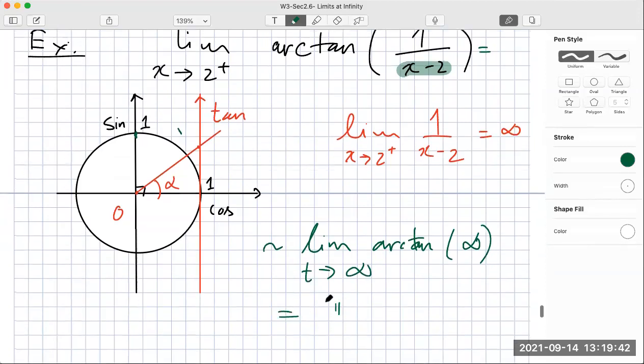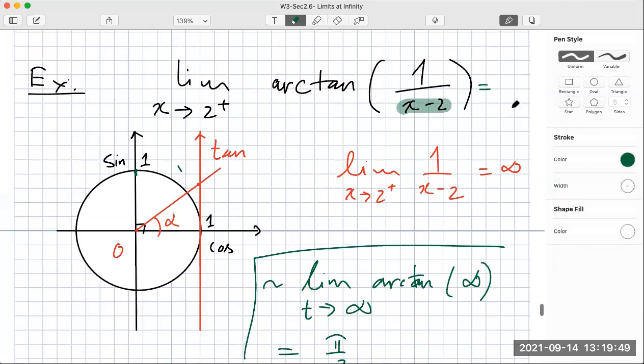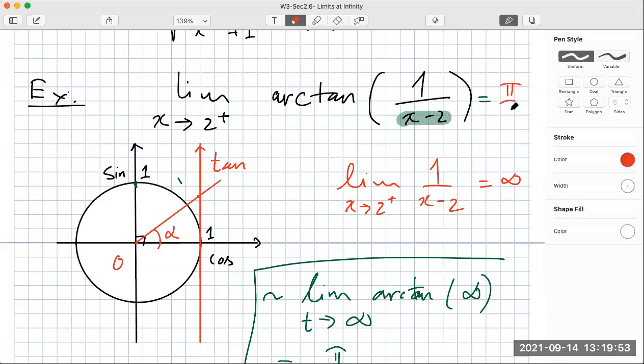It's not a good way to write it, but this is how you think about it. And in short, it would be simply pi over 2.